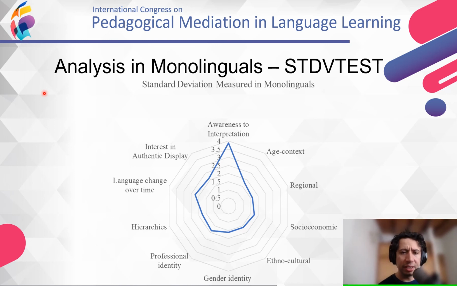It's a standard deviation test because it seems like they have a rather high sociopragmatic competence compared to those that speak two languages. And the standard deviation test tells us that this is because monolinguals are more aware of the interpretation that they have in their own language. So we can see that it is explained here.